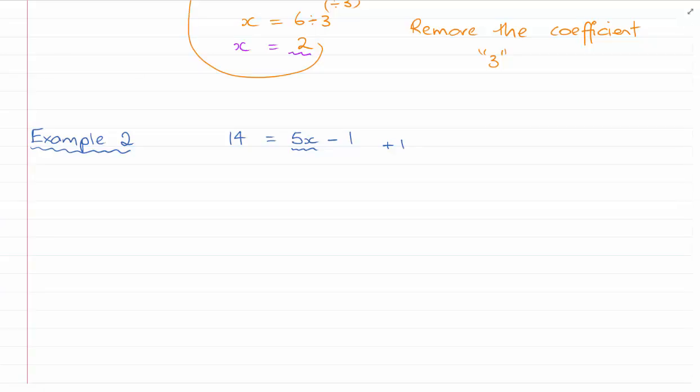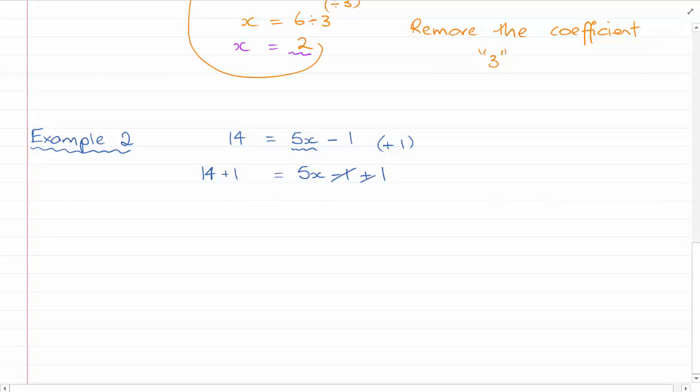Now writing this out in full, I get 14 plus 1 is equal to 5x minus 1 plus 1. You probably don't need to show this level of working, but it's a really good way to get your head around and understand what you are doing. You're doing the same thing to both sides of the equation, which means they're still equal.